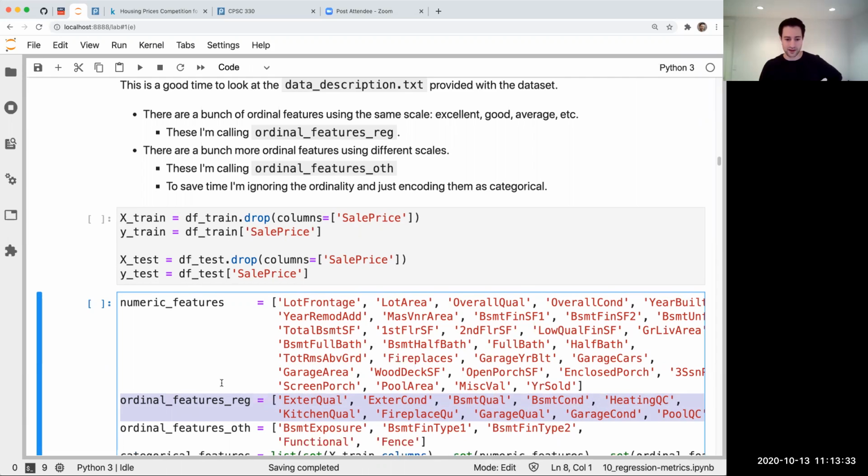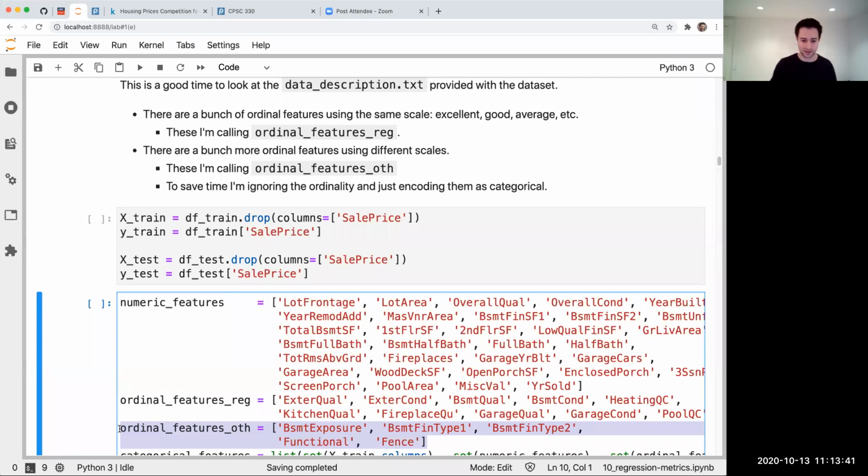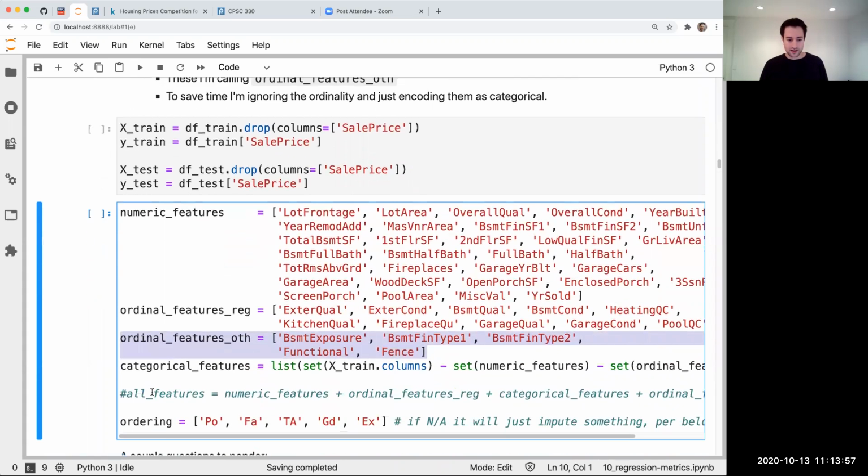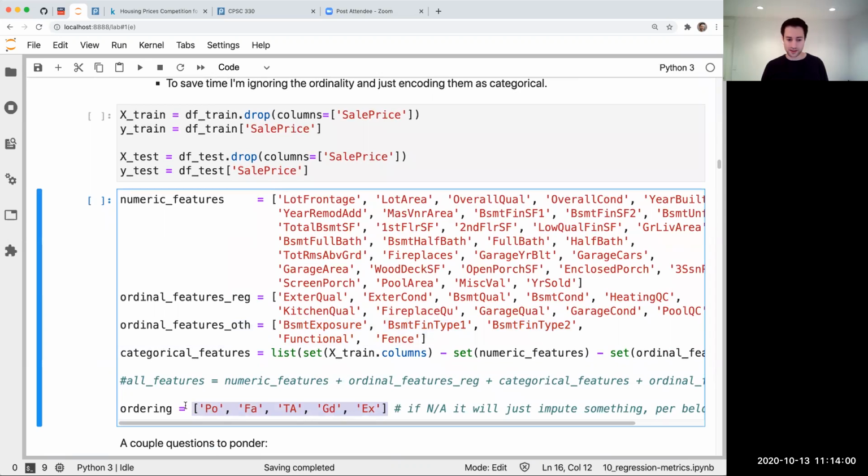And then I had some other ordinal features, which was to flag that if you were taking this a bit more seriously, you would separately make a different ordinal encoding for those, but I was too lazy, and so I'm just going to treat these as categorical variables, but I'm separating them to say, hey, if we were going to be more careful, we would ordinal encode those separately. And this is the ordinal encoding that pertains to all of these so-called regular ordinal features that I checked, and they all use this exact scheme. So that's my plan here.